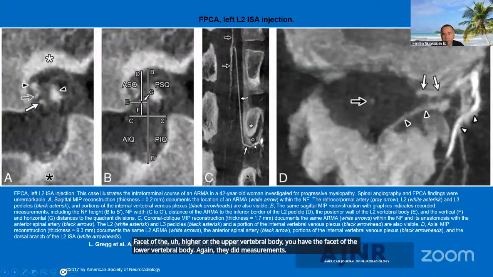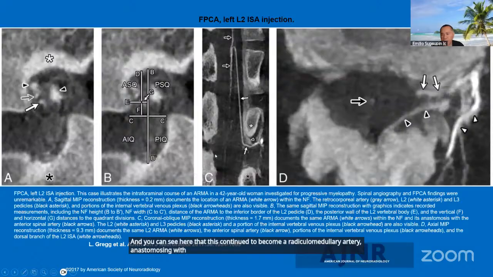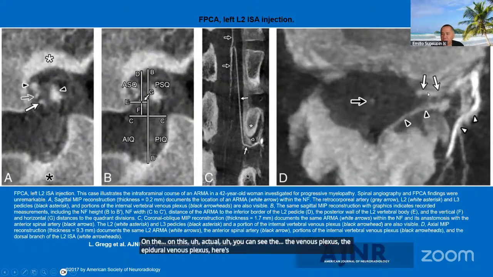And you can see here that this continued to become a radiculomedullary artery, anastomosing with the anterior spinal artery. On this axial, you can see the epidural venous plexus. Here's your radiculomedullary artery, and here's your anterior spinal artery.